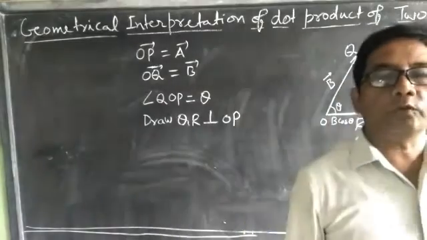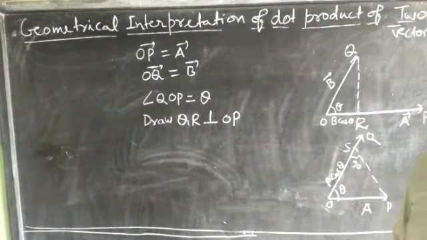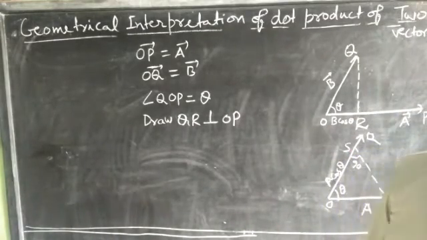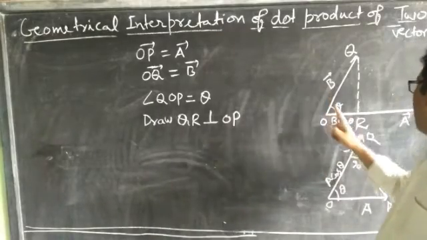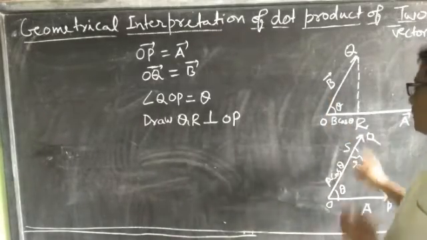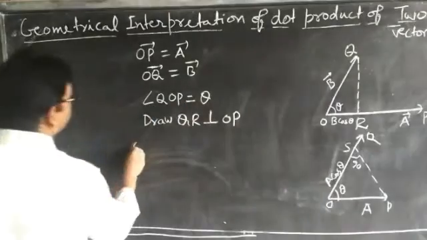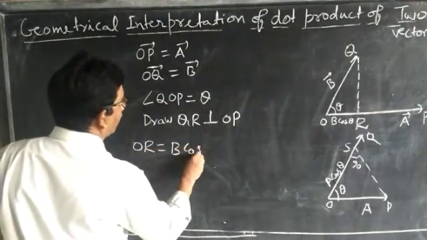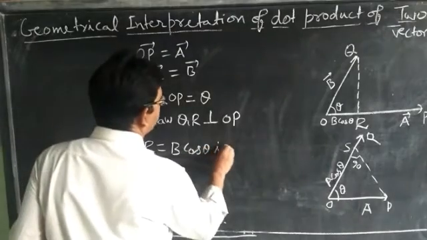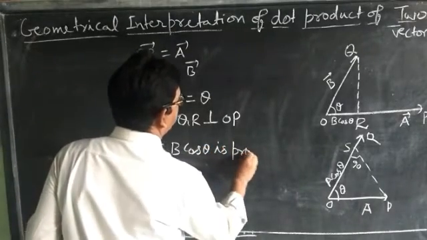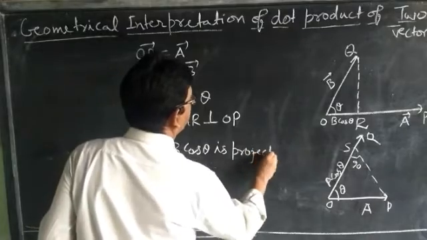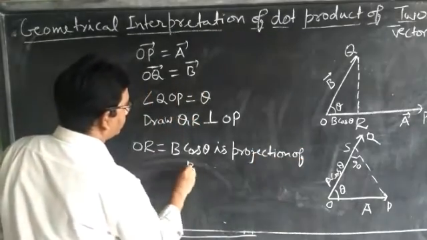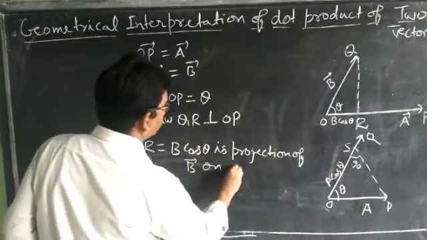Now we will tell you OR, equal to B cos theta, is the projection of vector B on vector A.